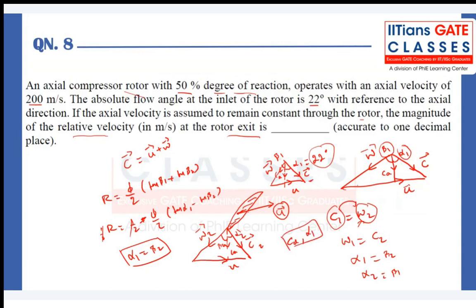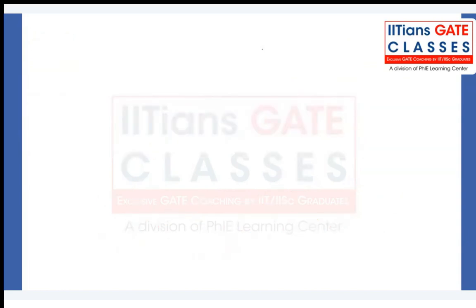Say I just draw that part. I don't know C1, I can calculate it. I know CA and I know alpha 1. If I define the cosine of this angle, cos alpha 1 can be written as CA divided by C1. So from here I can calculate C1 equal to CA divided by cos alpha 1.